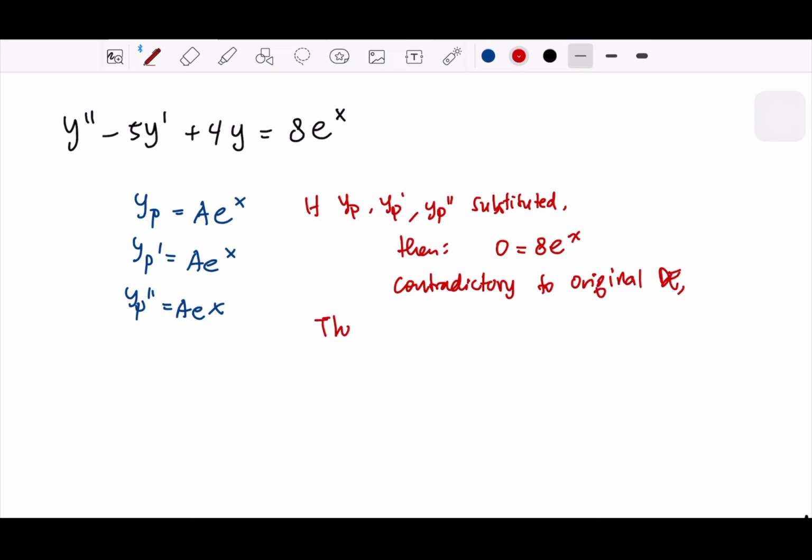So therefore, yp equal a e to the x is, how to say that, a wrong guess. So we need to take another yp.